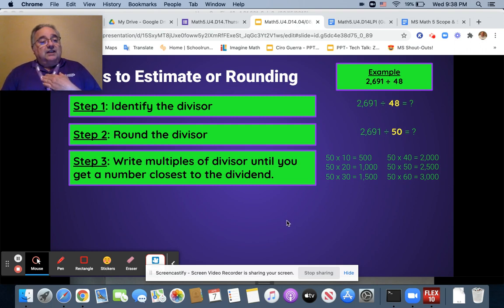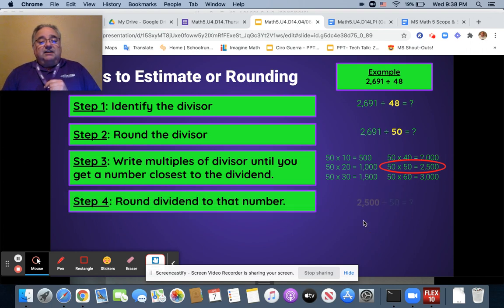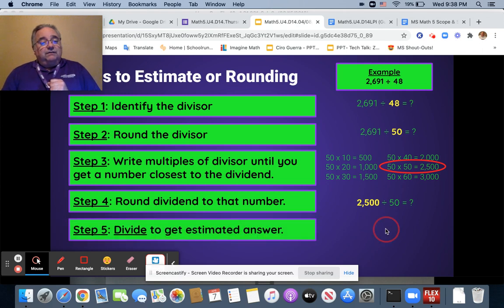I always go with the lesser one because that is always part of the answer. So remember to go with the lesser one, which is 2,500. We go ahead and round that dividend. 2,500 divided by 50 will give me 50 because 5 times 5 equals 25.